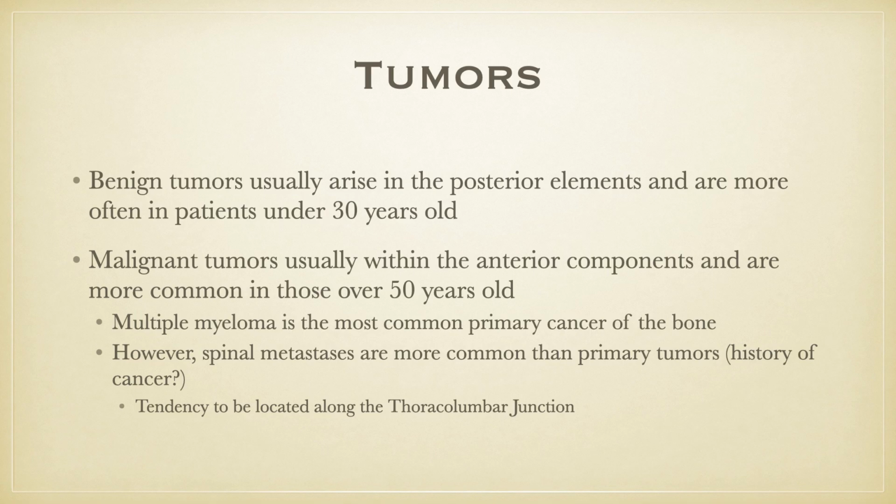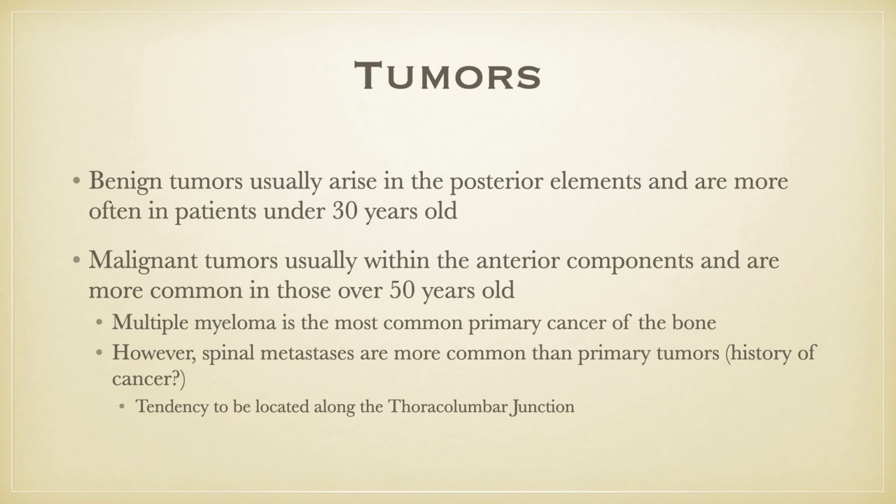So anyway, as we look at those tumors, multiple myeloma is the most common form of primary cancer of the bone, meaning it doesn't metastasize from another cancer located elsewhere within the body to these vertebrae. However, as you can see in the slide, this area, as well as other parts of the spine, it's actually more common to have a spinal metastasis than it is to have a primary bone tumor.